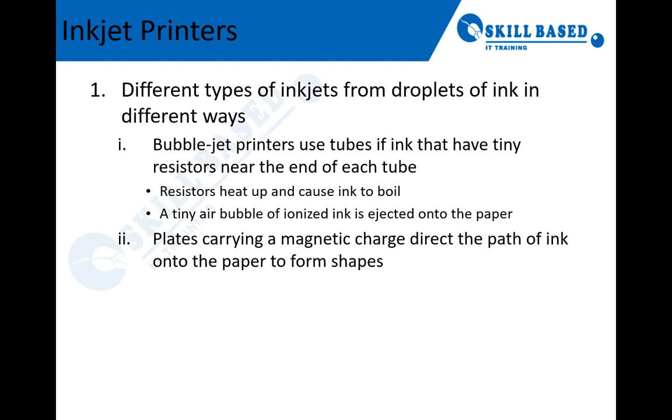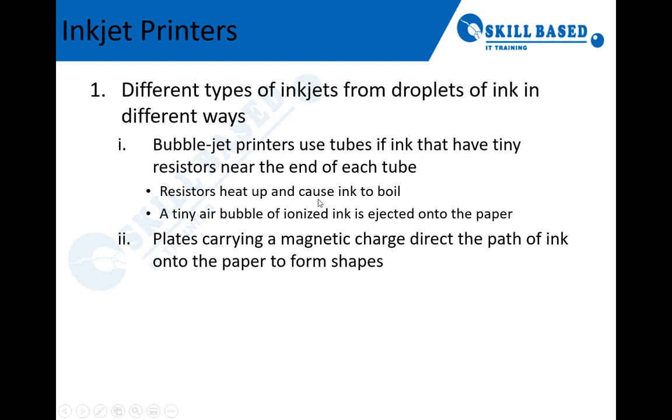When the bubble pops, it forces the fine, micro droplet of ink to release from the nozzle and shoot onto the papers. Tiny air bubbles of the ionized ink will be ejected when they pop, onto the papers.